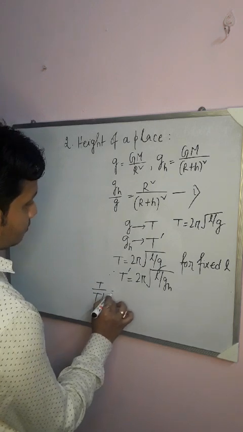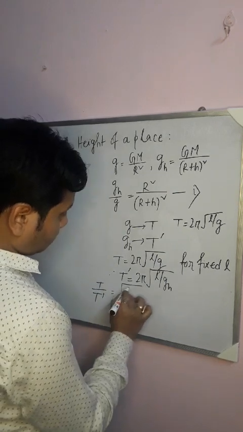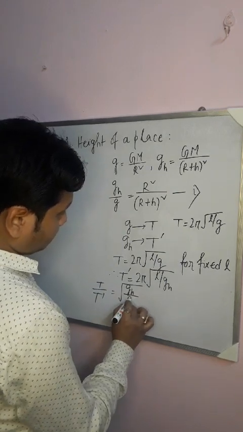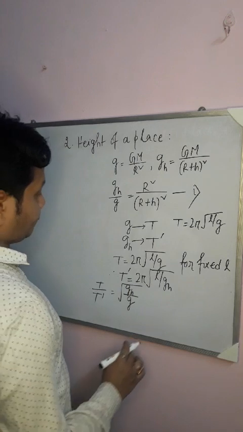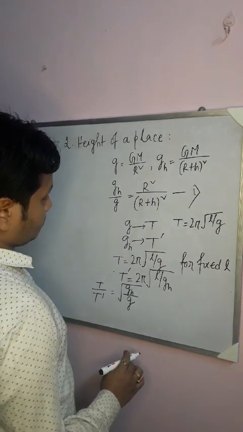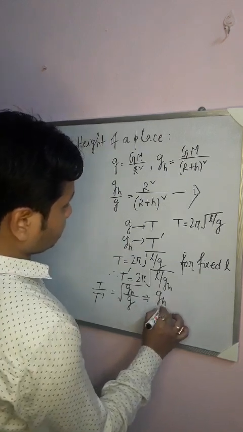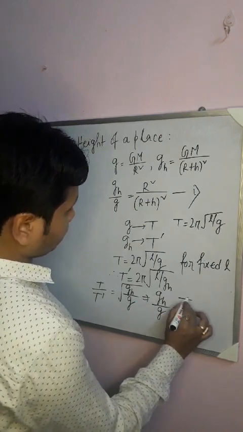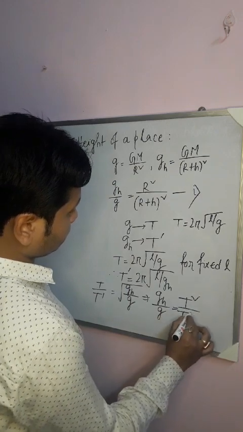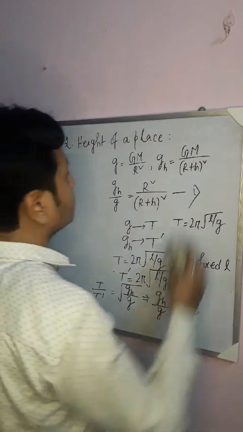Okay, so from which we can easily conclude what is T by T'. T/T' will be root over g_h/g. So obviously g_h/g can be written as T²/T'². So substitute this value in this equation. What do we get?